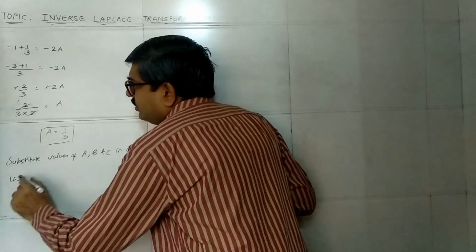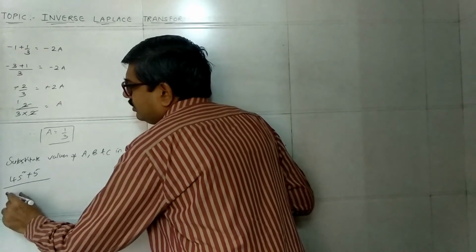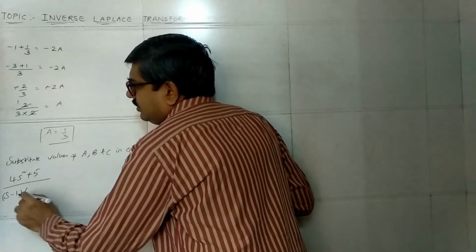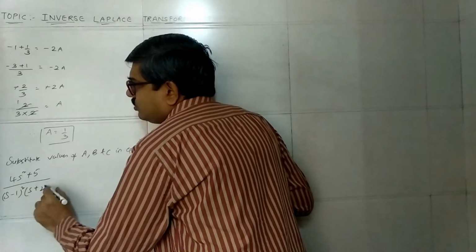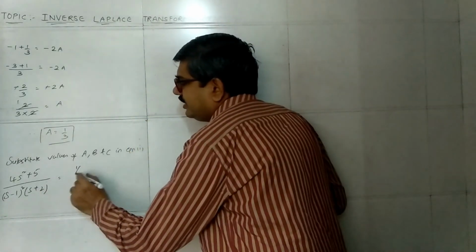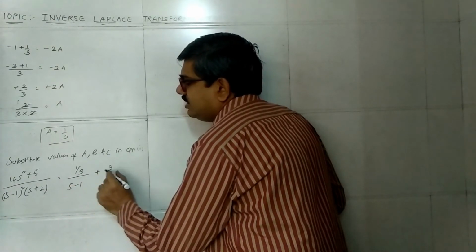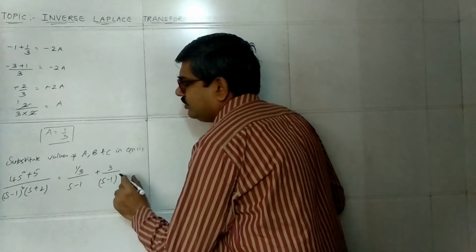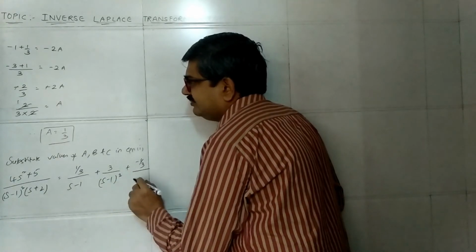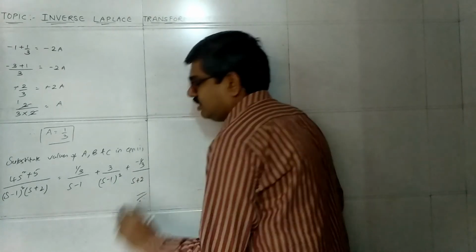So that is 4s square plus 5 upon s minus 1 whole square into s plus 2 is equal to a, that is 1 by 3 upon s minus 1 plus b, that is 3 upon s minus 1 whole square plus c, minus 1 by 3 upon s plus 2. So this is the partial fraction.